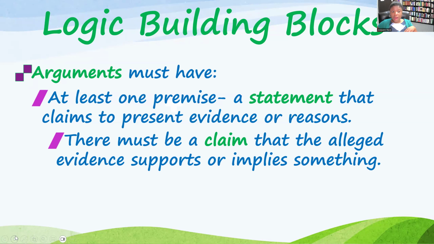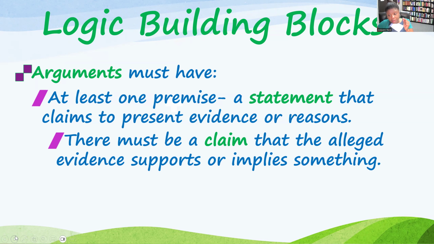The premises are making claims. Remember, the claim is the evidence that you're supposed to accept in order to get to that conclusion. So the claim that the premises are making, you want to look for these things.